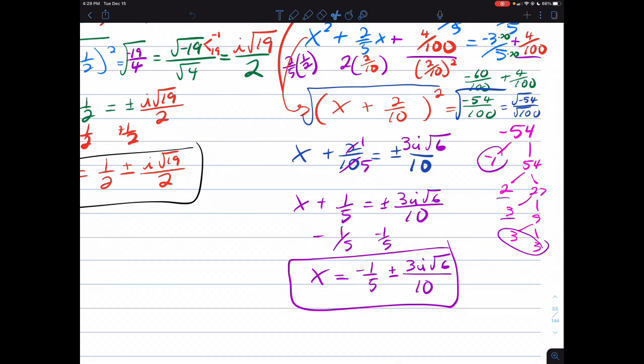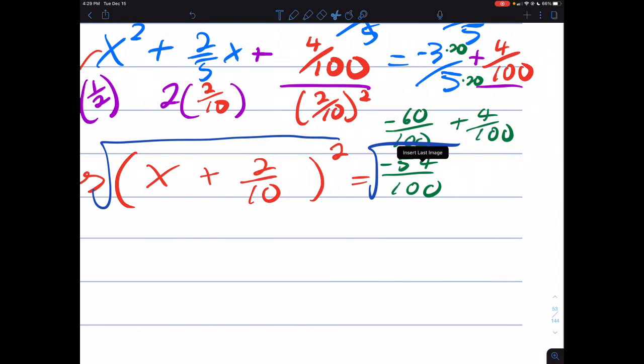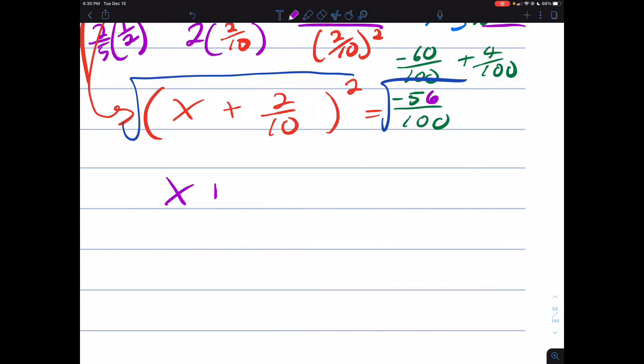Okay, I made one tiny mistake right here. When I did -60 plus 4, I should have got -56. Okay, so I still have x plus 2/10, which we figured out we could simplify to 1/5. So I'll go ahead and do that now. And then square root of negative 56 over square root of 100.